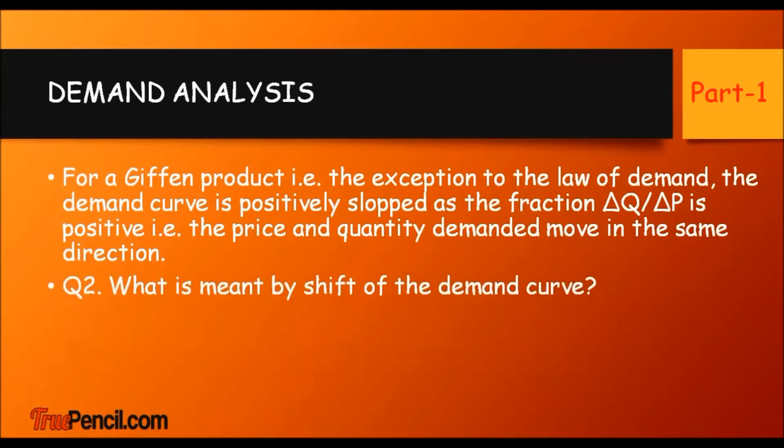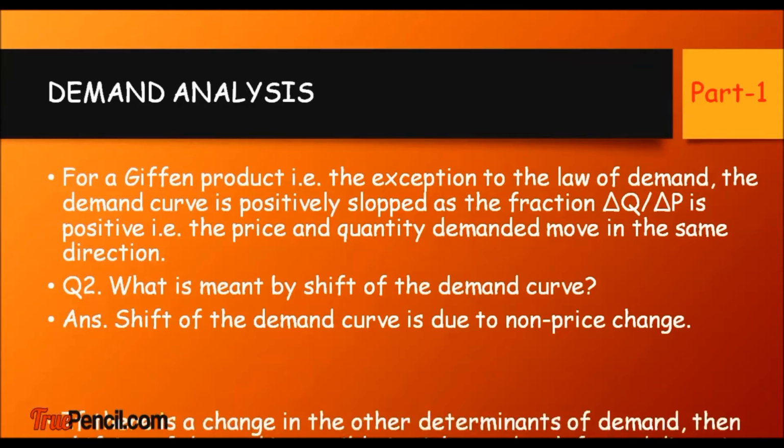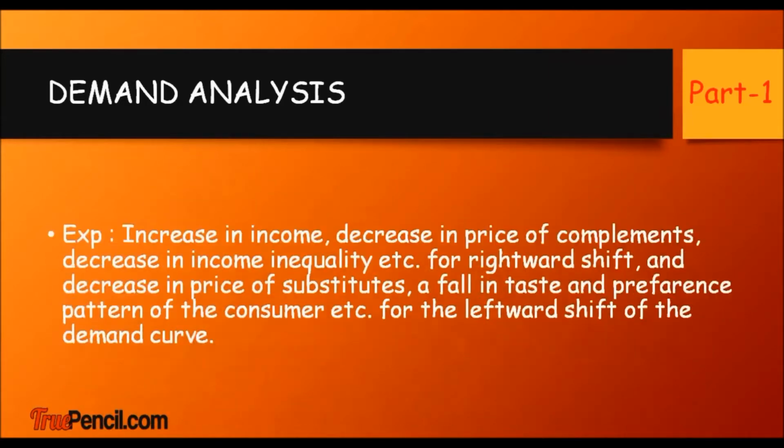Got it? The second question is, what is meant by shift of the demand curve? See, shift of the demand curve is due to non-price change, first of all. If there is a change in the other determinants of demand, then shifting of demand is possible in rightward or leftward direction.